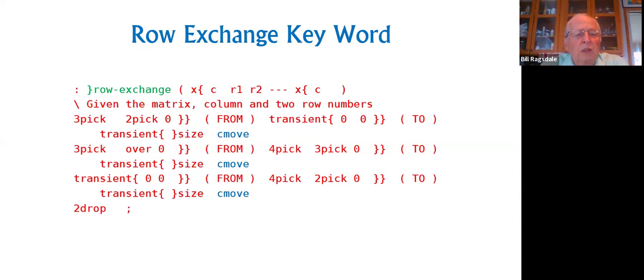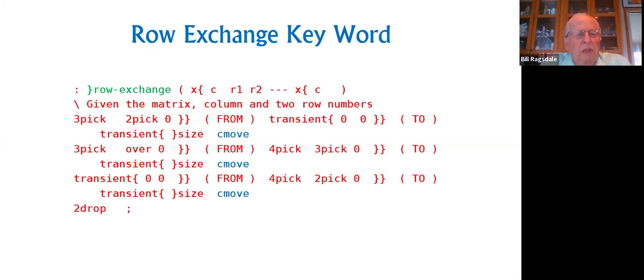It's done in 3 stages, as you might think. The first one is to pick the from row, and it is transported into a transient matrix. The transient matrix in this case is row 0, column 0, and we use C move. So once we've determined the size of the bytes to move, the whole row is moved into the transient matrix.